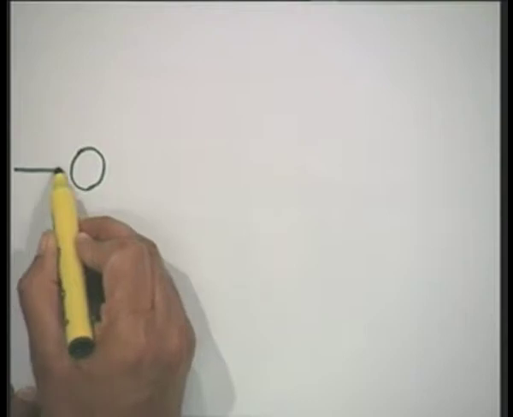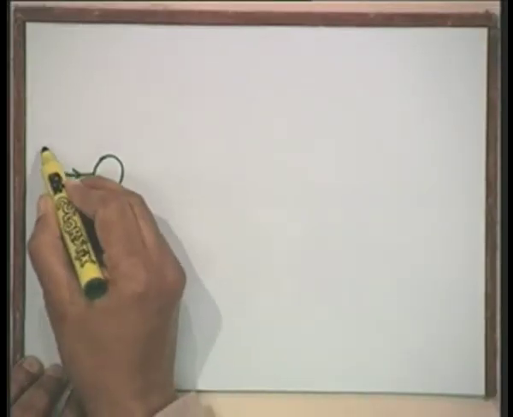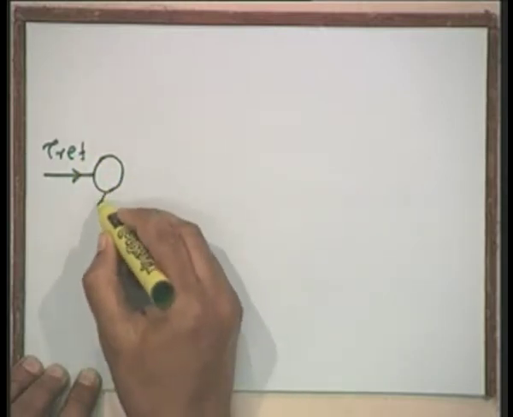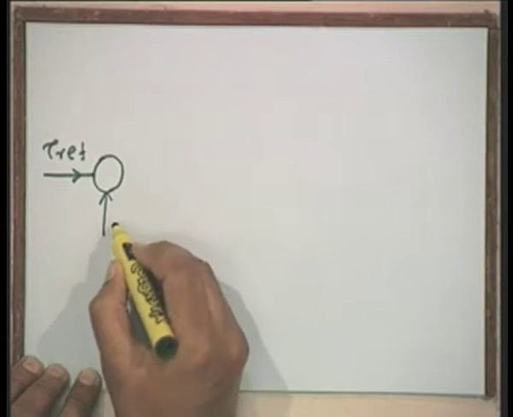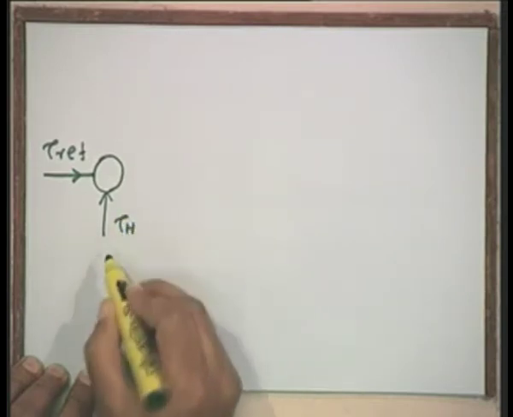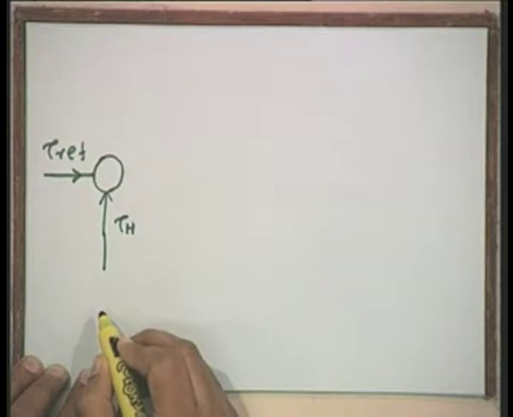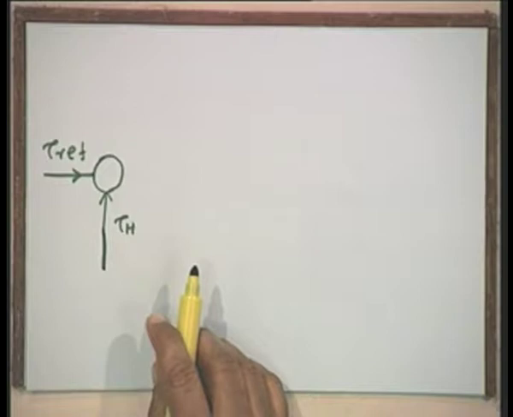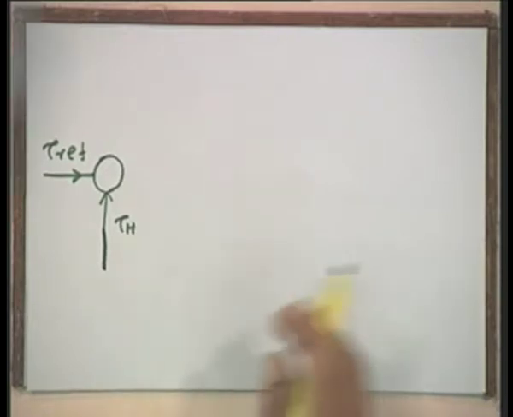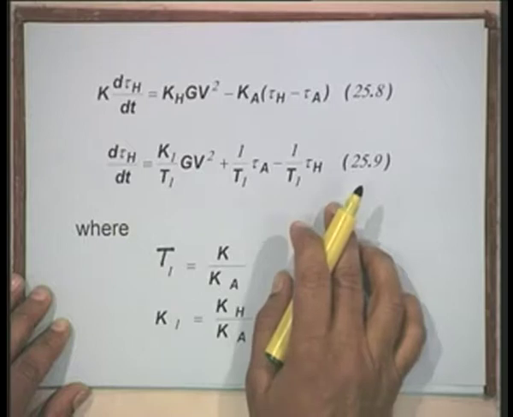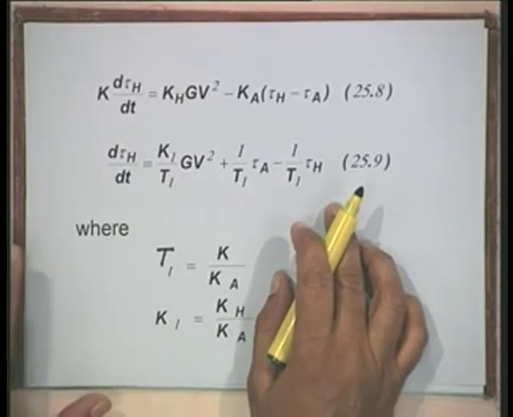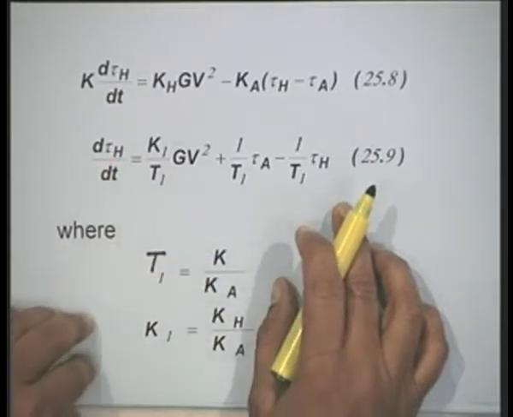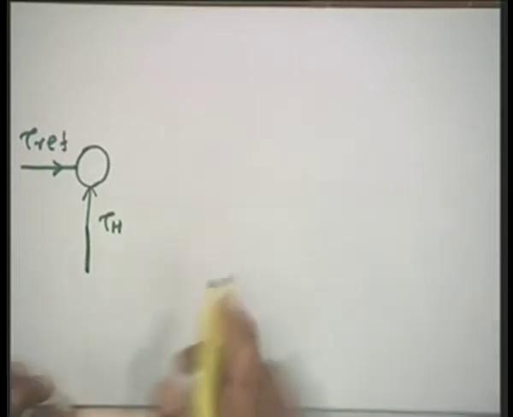Then we start with the reference temperature, let us call it tau reference, and we want to know what is the actual temperature at any time t of the space. See this differential equation, it relates the temperature at any time t with other parameters of the system. This is a simple differential equation. Now, this can be put in this form.